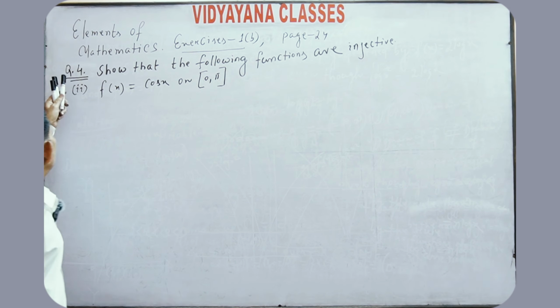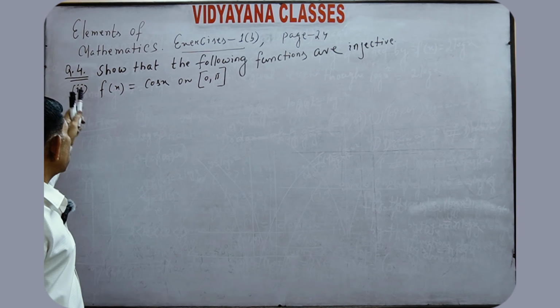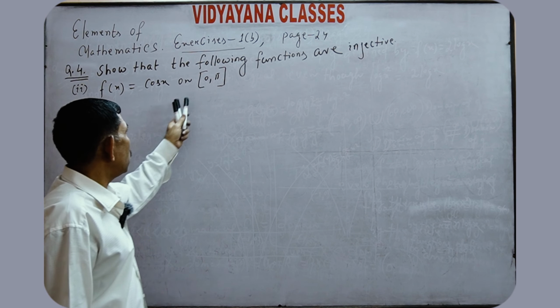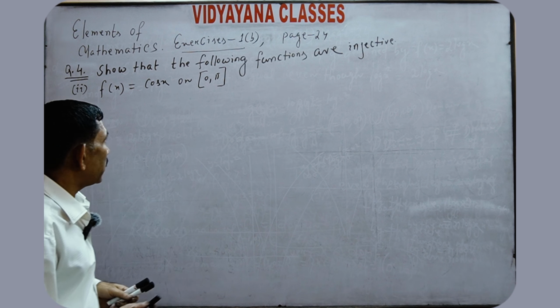Next, question number 4, second bit. f(x) = cos x on [0, π].